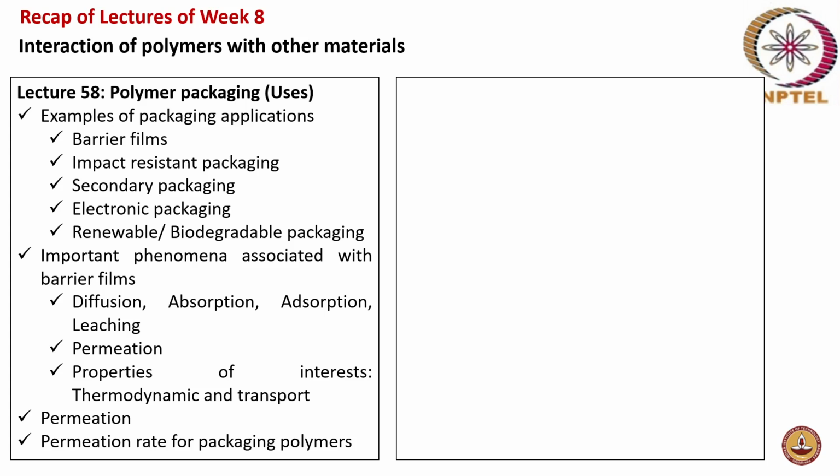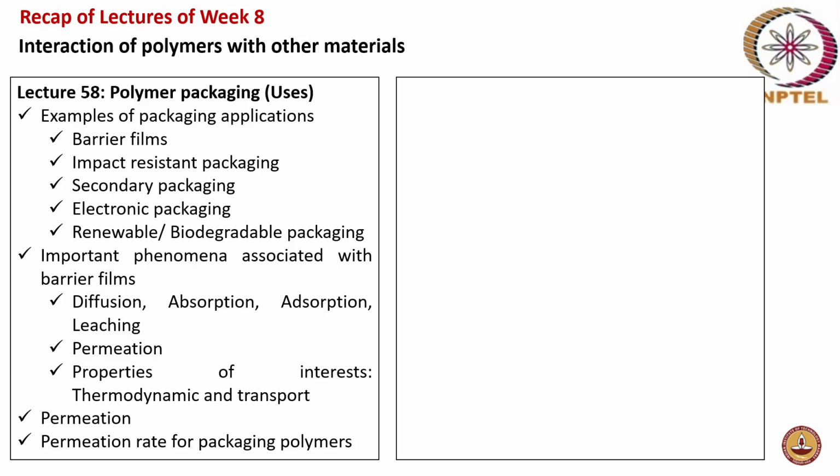When polymers are extensively used in packaging, we have to think of renewability also. In many cases, the polythene you are using for packaging becomes an issue, right? So you have to bring in renewable and biodegradability aspects.